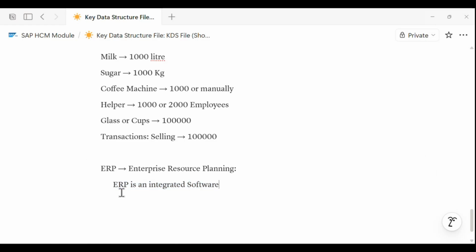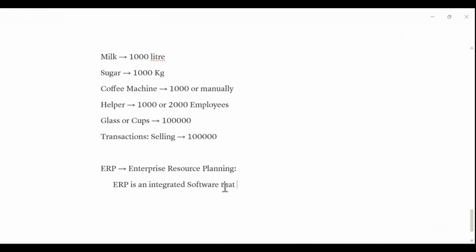So ERP is an integrated software that manages all the business processes, or we call them business functions, in a unified system. That is our ERP software.